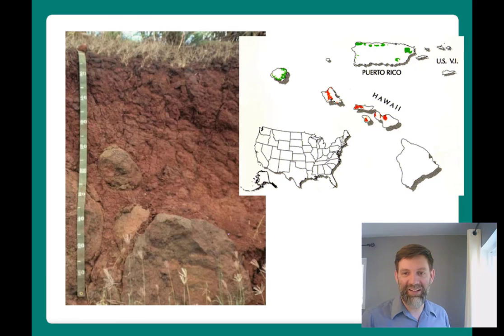On our map of the United States, oxisols is a close-up of Puerto Rico and Hawaii, and the U.S. Virgin Islands apparently have one or two. Tropical areas are where you're most likely to find them. In California, we have one oxisol about there, and we formed it about 40 million years ago when we were in a tropical climate, and it got buried and uncovered.